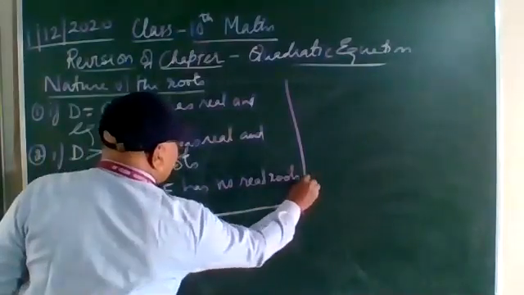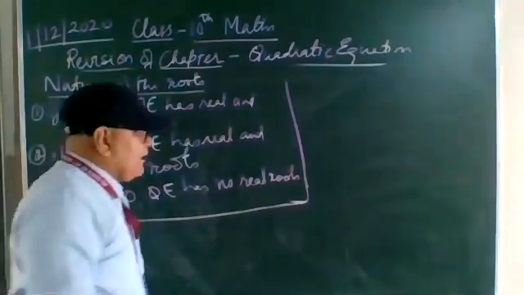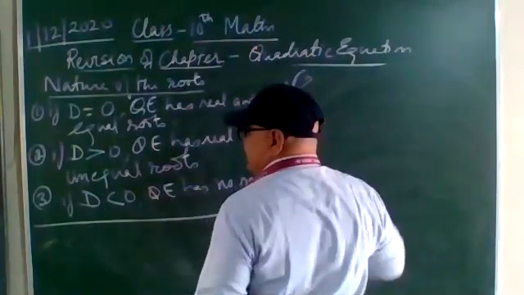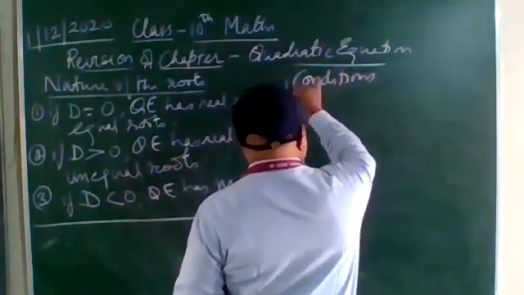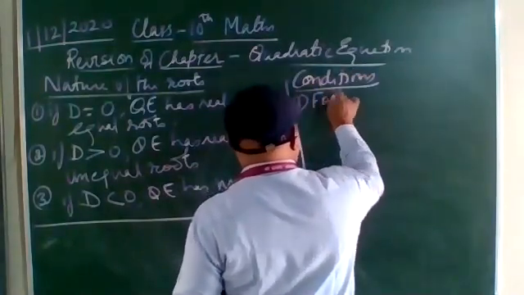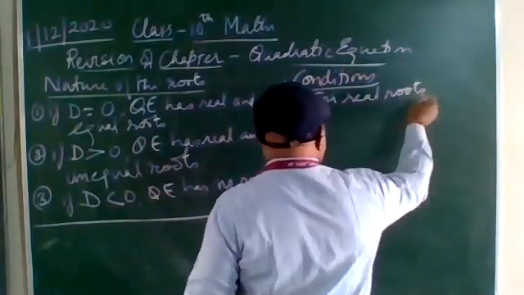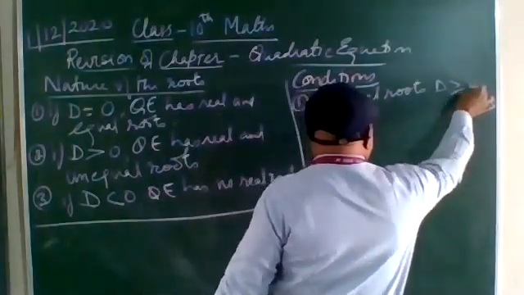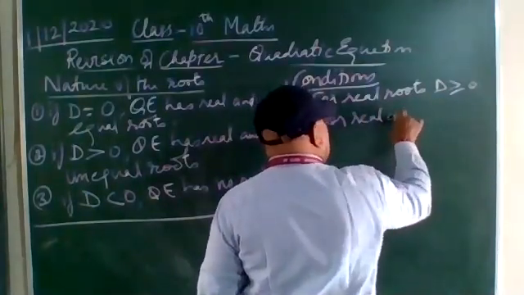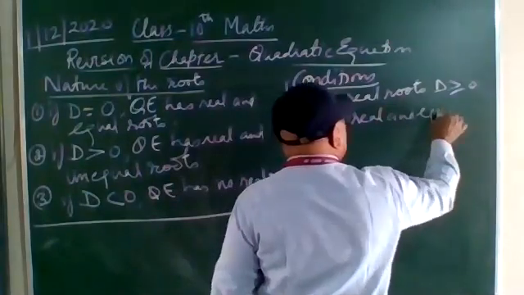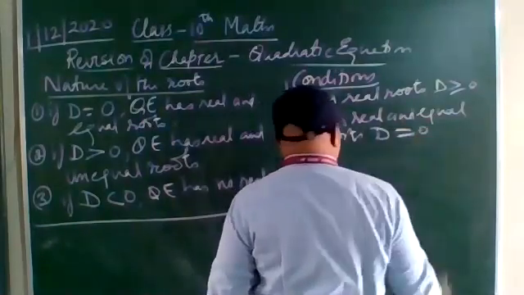After this, we have conditions. If the question is to find the value of k, there are 4 conditions. For real roots, D greater than or equal to 0. Second, for real and equal roots, this is very important, D equal to 0.